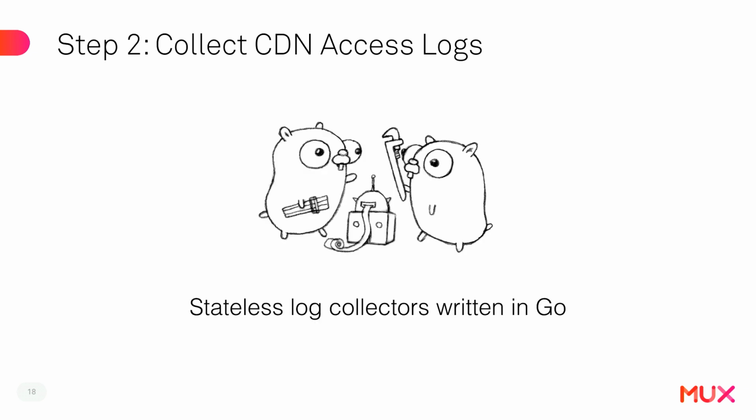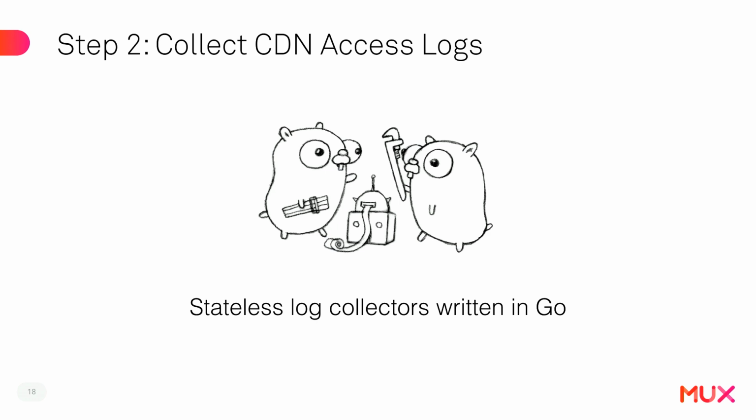Our CDN log collectors are written in Go. Most of the services that we run at Mux are written in Go. The log enrichment app is really the exception to the rule. Our collectors run as Docker containers in a Kubernetes cluster. The collectors themselves require very little CPU or memory resources, so we can scale them horizontally very easily and cost effectively.